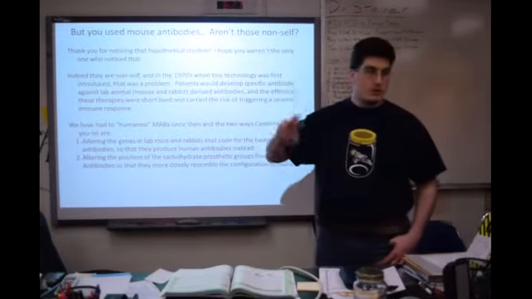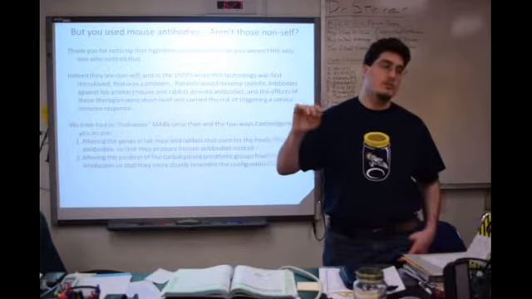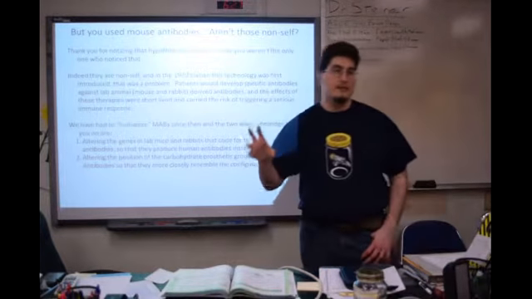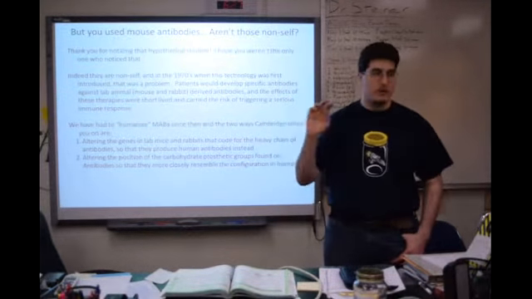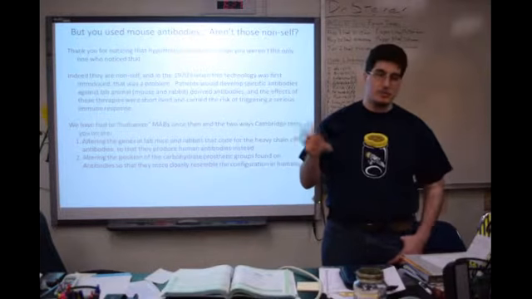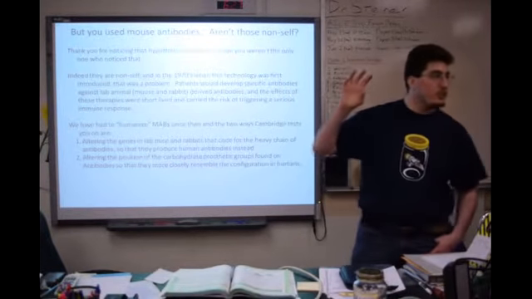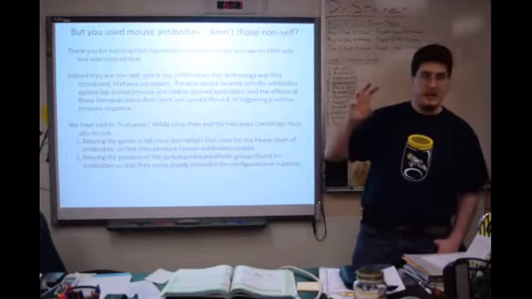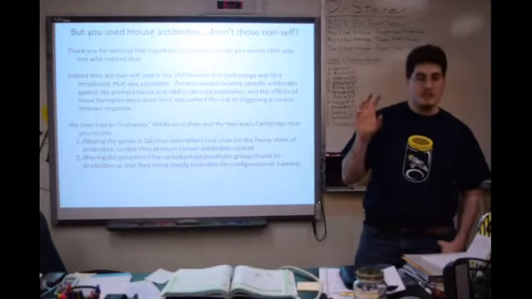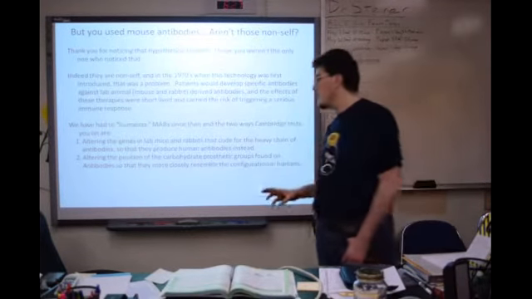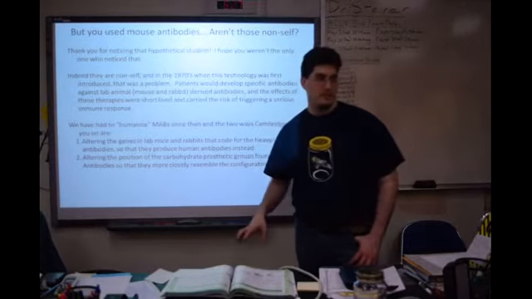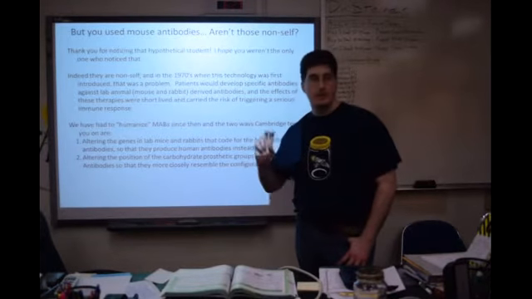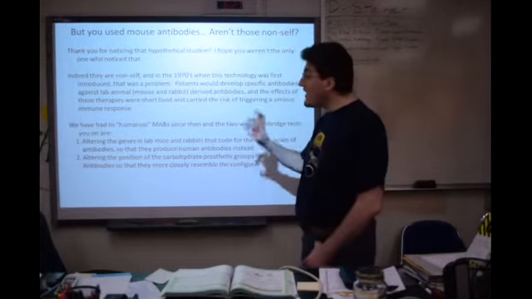That glycoprotein, that identifying marker prosthetic group, allows us to recognize that it is or is not human. So we're tricking the immune system by making it look human, but it's not fully human.